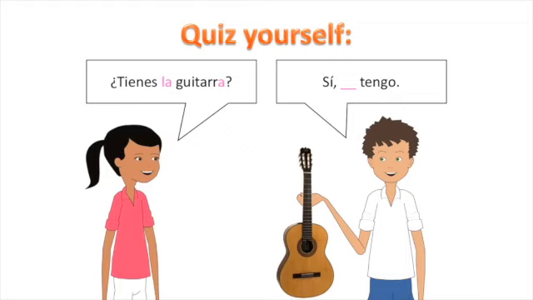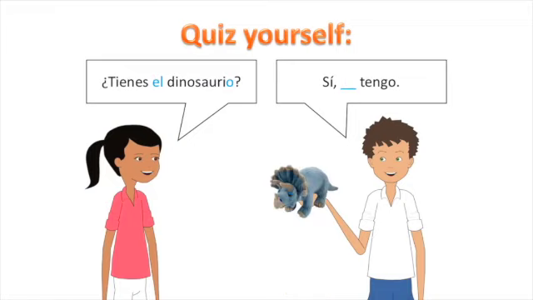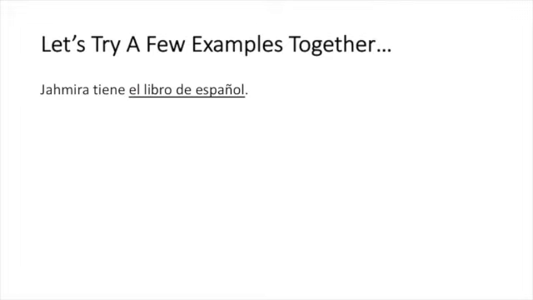He's going to say sí la tengo because la guitarra was feminine and singular. Ooh, what about this one? ¿Tienes el dinosaurio? Do you have the dinosaur? He's going to say sí, lo tengo, because el dinosaurio was masculine and singular. So it became lo.